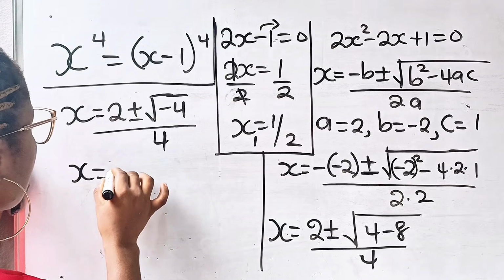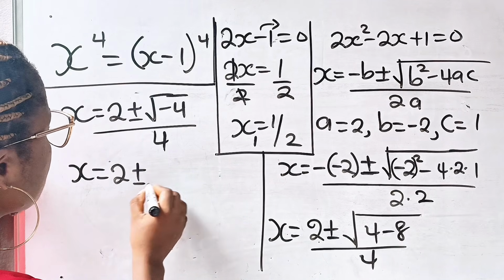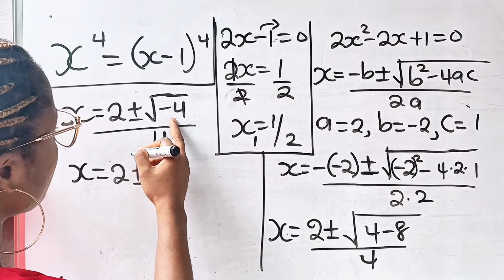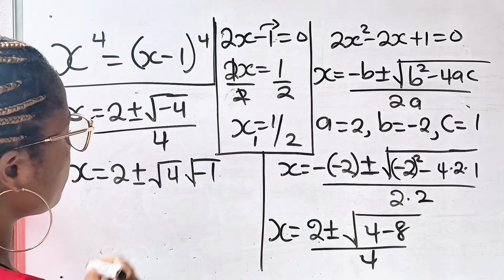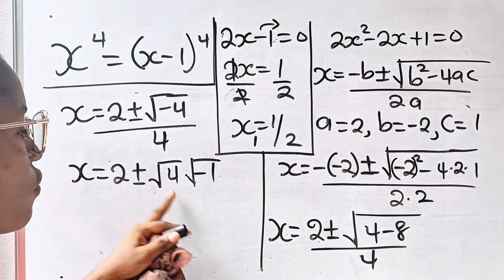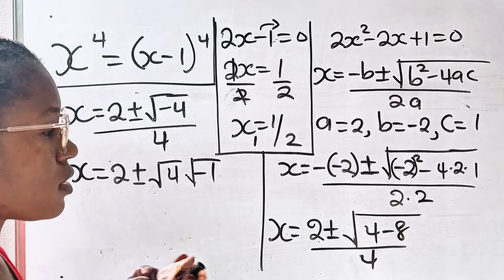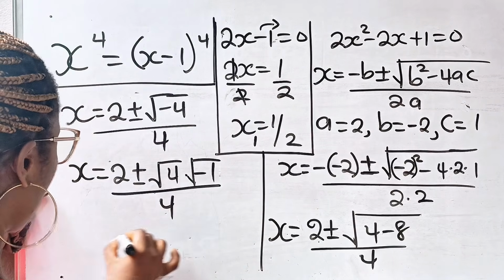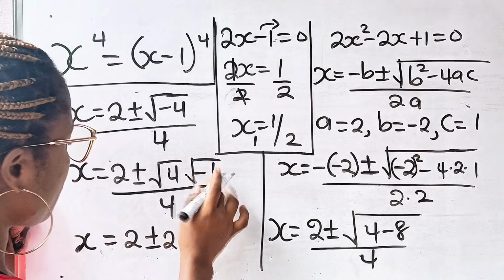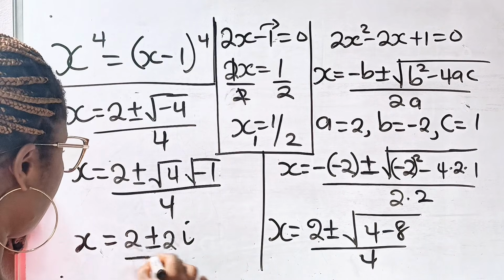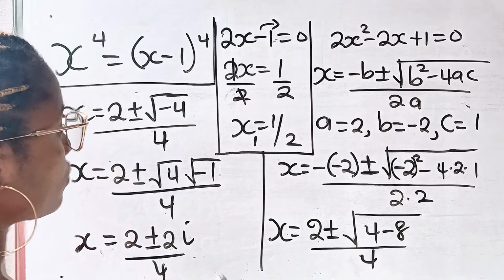So we have x is 2 plus or minus the square root of 4 multiplied by -1. So it's now the square root of 4 multiplied by the square root of -1, divided by 4. So x will be 2 plus or minus 2, square root of -1 is i, divided by 4.